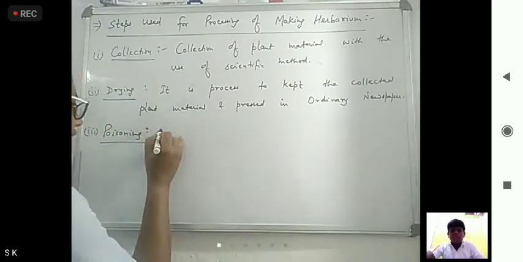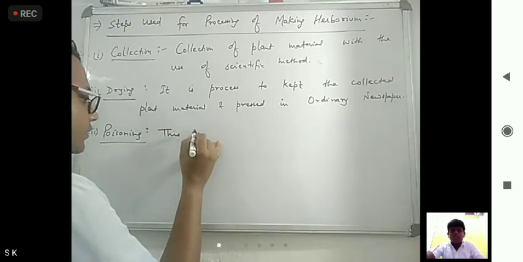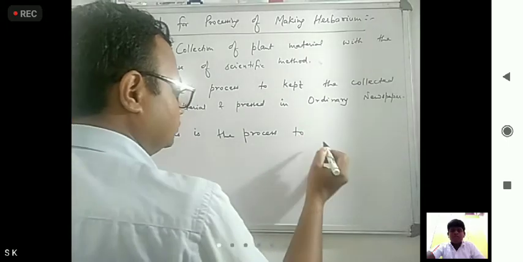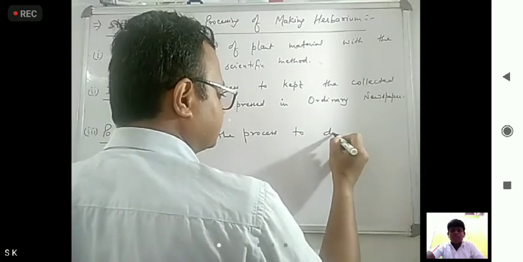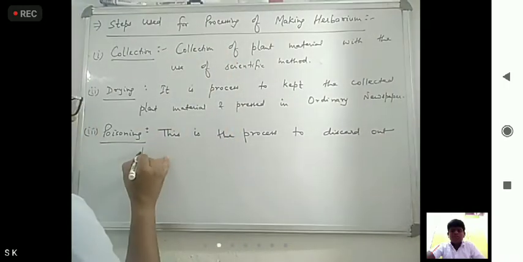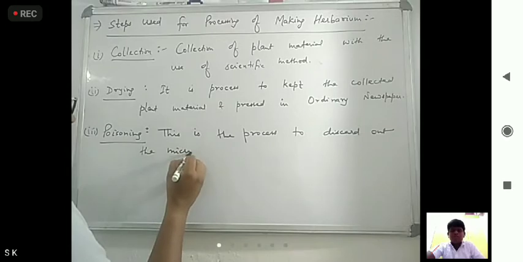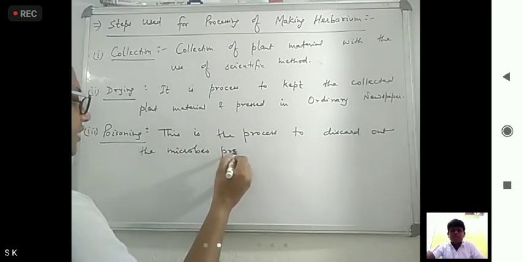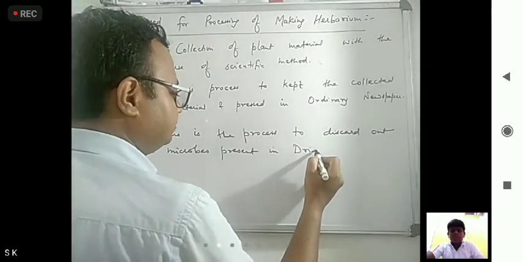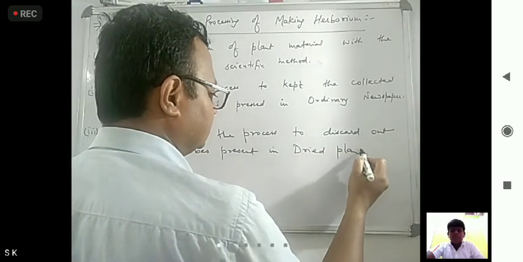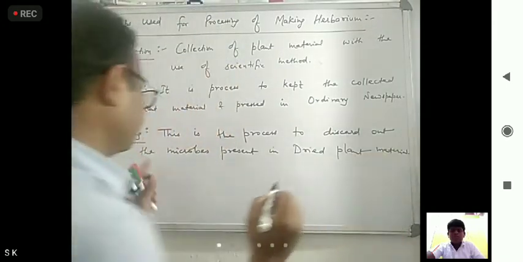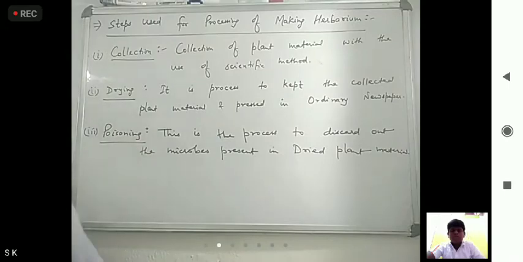So this is the process to discard the microbes present in dried plant material. Okay, so that process is known as poisoning.